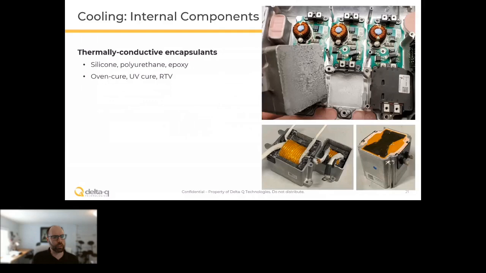One other thing here, not really a potting material, but also silicone, is that you can get pre-cured silicone gap pads, which can be inserted on surfaces, and you're seeing a couple of those in the upper right photo. Those pink areas are probably pre-cured gap pads that have been cut and then put into place.